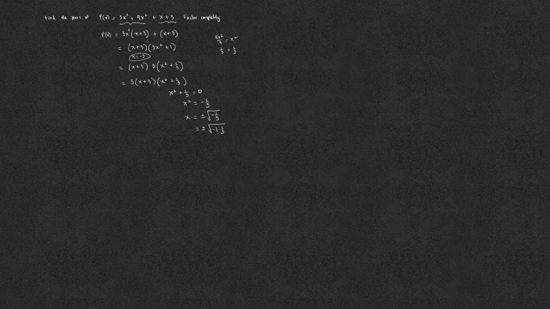The square root of negative 1 times 1/3 is the square root of negative 1 times the square root of 1/3. The square root of negative 1 by definition is i. The square root of 1/3 is the square root of 1 over the square root of 3. And so this is i times 1 over root 3.